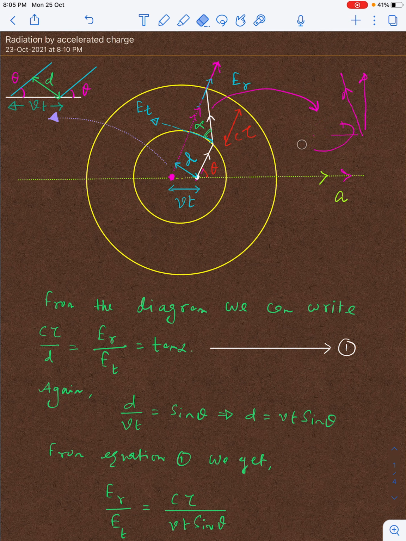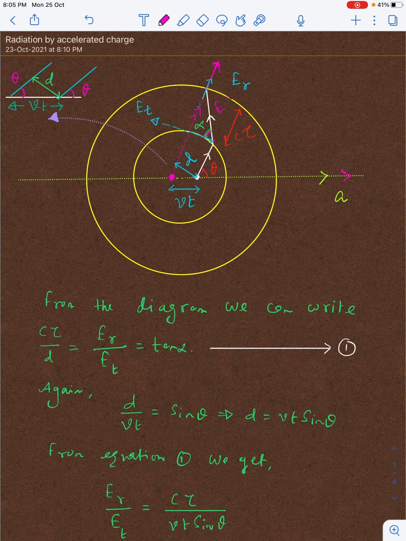So if I take mathematics into account and consider that the angle between this tangential electric field and the net electric field is alpha, then tan alpha I can comfortably write as equal to ER by ET.